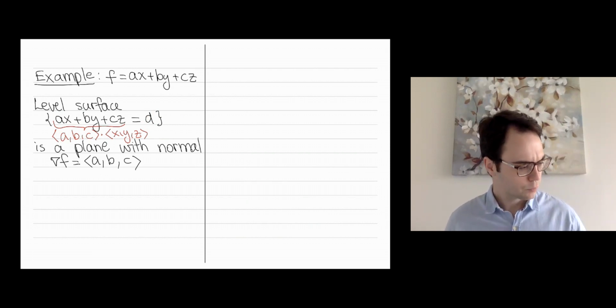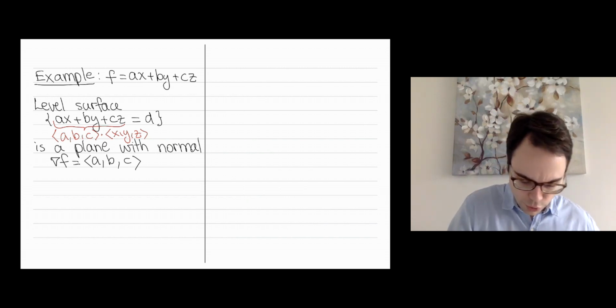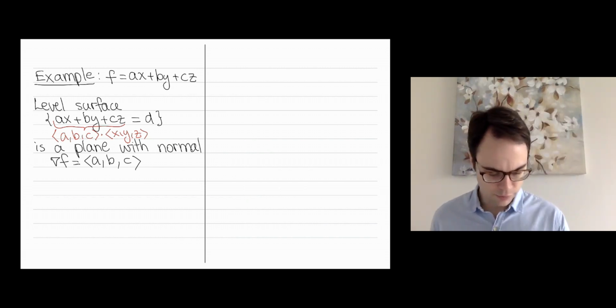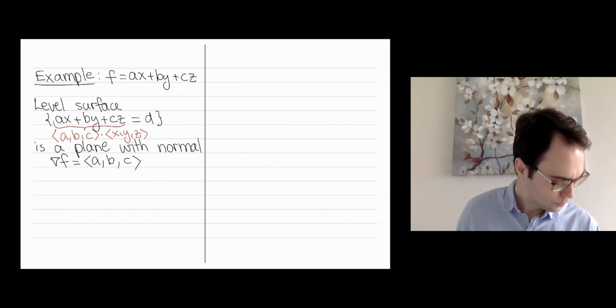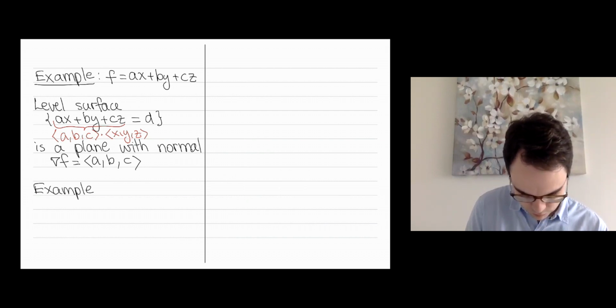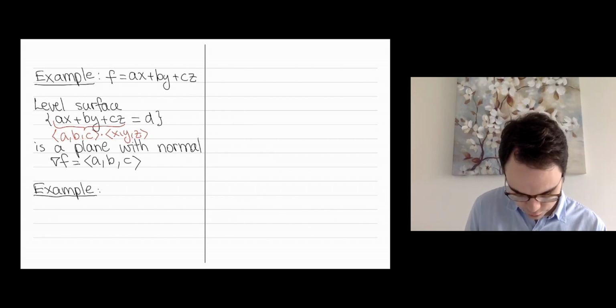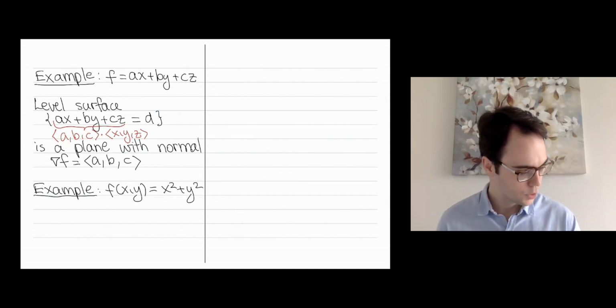Okay, so let me show you another visual example of the theorem, this time a 2D example. So here's the 2D example. Our function f of x,y is x squared plus y squared.